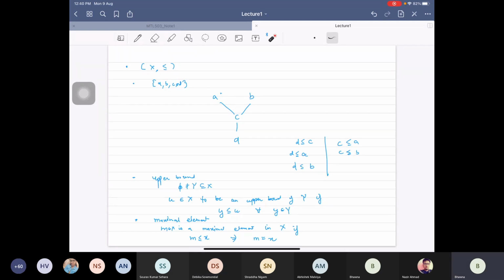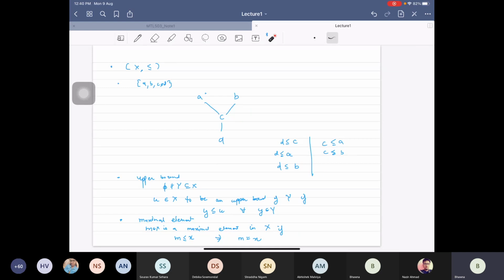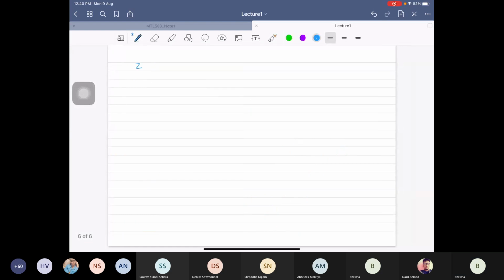Next is Zorn's lemma. Zorn's lemma is a very powerful tool in mathematics. It is a method of showing existence of something. Existence of what? It will be clear with the statement.